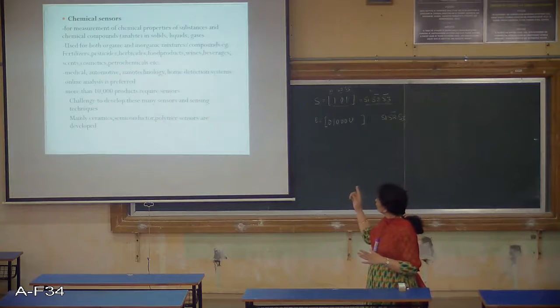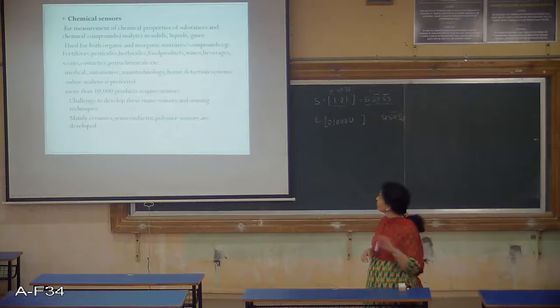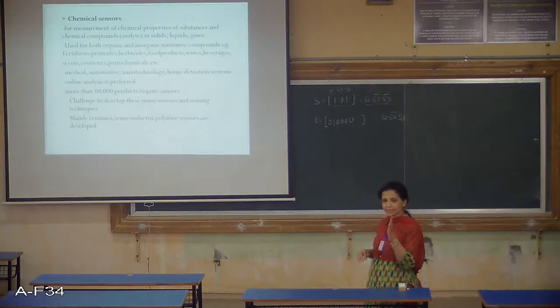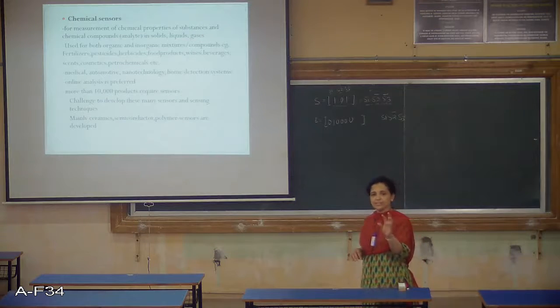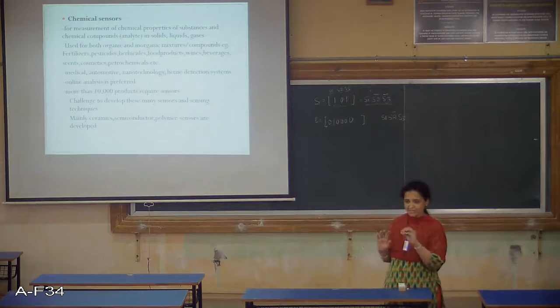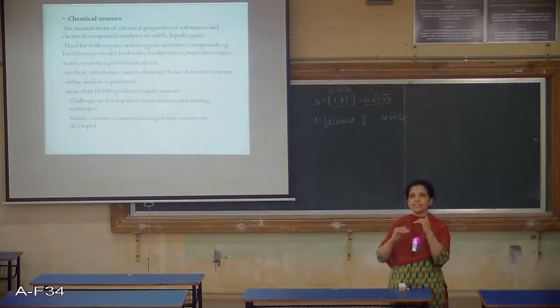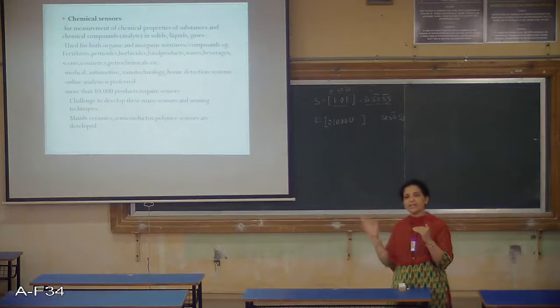So basically they test if there is any variation in the chemical compound compared with the standard one. Always the sensors basically test or check the change and then they report it.